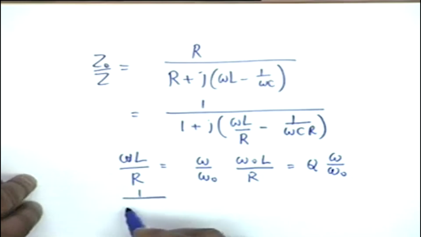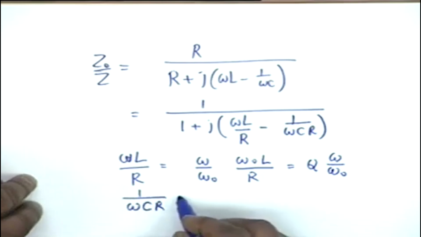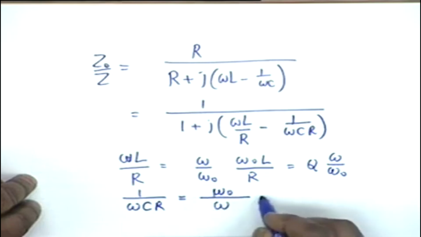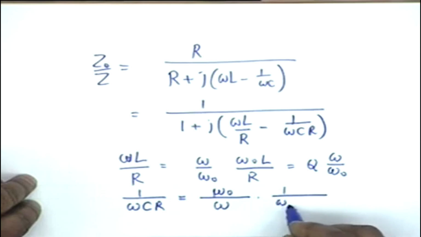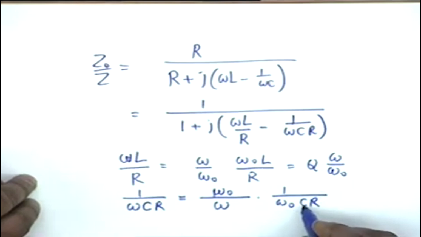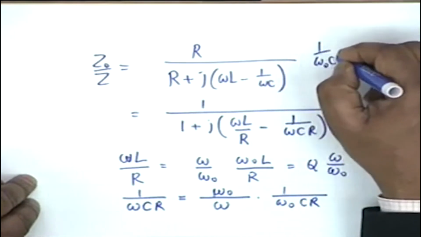In a similar manner, 1 by omega CR I can write as omega 0 divided by omega, then 1 by omega 0 CR. And you notice that this is also equal to Q, 1 by omega 0 CR, because 1 by omega 0 C is omega 0 L. Isn't that right?